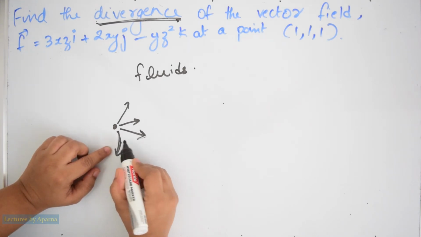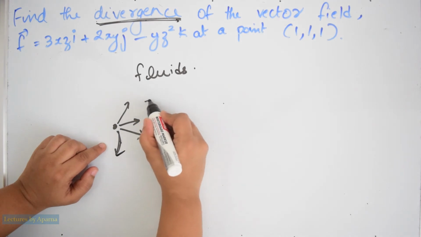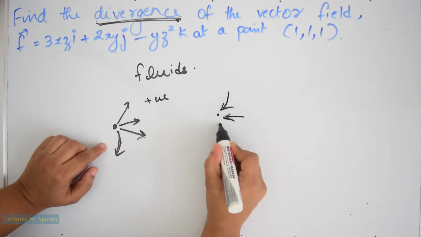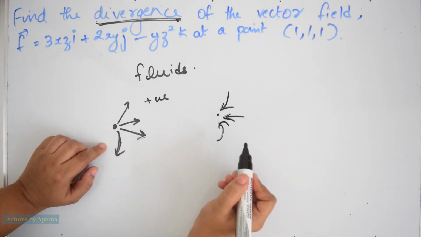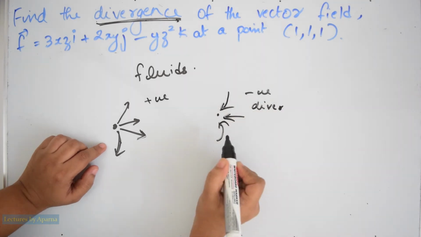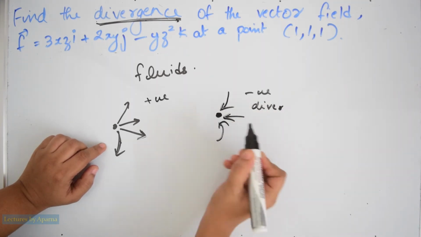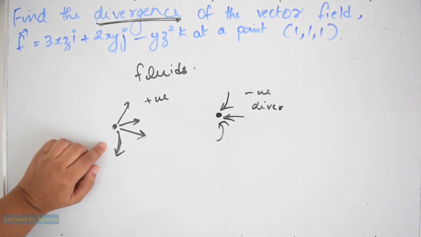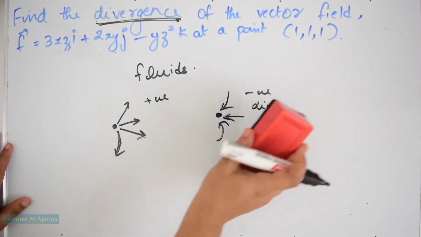That is known as divergence. In this case it is positive divergence, and if the fluid is coming into this point, then it is negative divergence. Here it is acting as a sink and here as a source. This is the physical meaning of divergence.